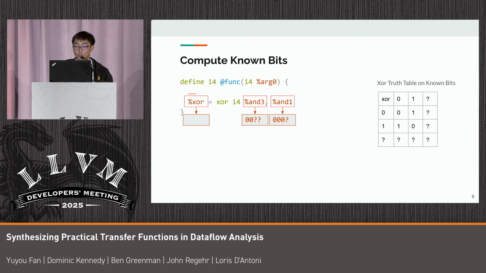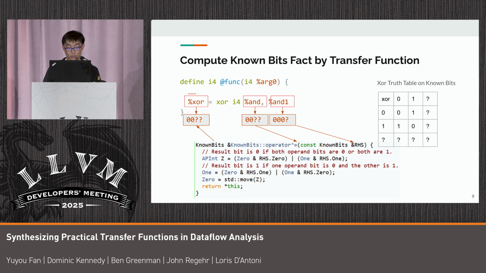Now, since we know the known bits information on N3 and N1, how do we infer known bits on the XOR result? Here I attach the XOR truth table on the right. By applying the truth table, we can know the XOR result. In LLVM, they implemented the truth table by a transfer function.